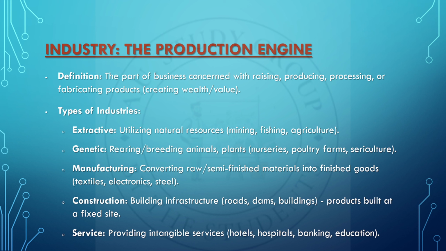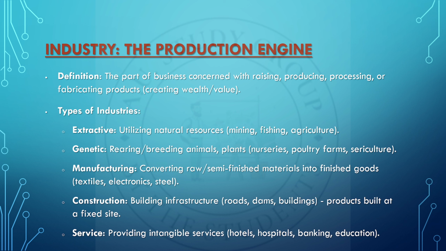So industry is where value is created. There can be different types of industries. Industries can be extractive. Extractive means getting resources from nature, like mining or fishing. That is called extractive industries.